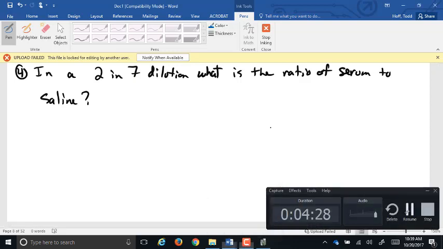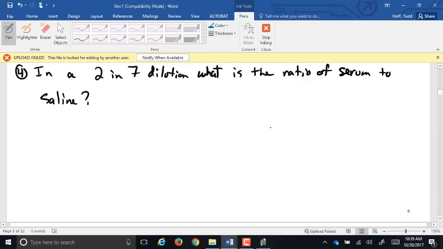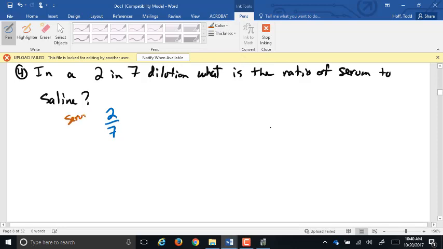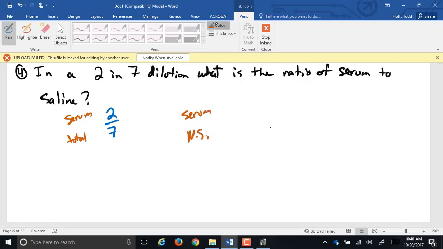I'm going to pause, let you guys. Okay, so 2 in 7 dilution, what's the ratio of serum to saline? Well, the 2 in 7 is the ratio of serum to total. So if we want serum to saline, it would be 2 to 5. Perfect.